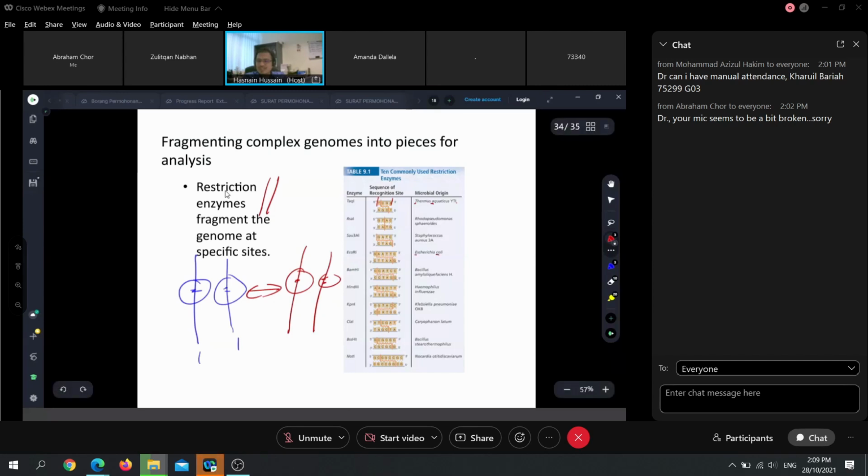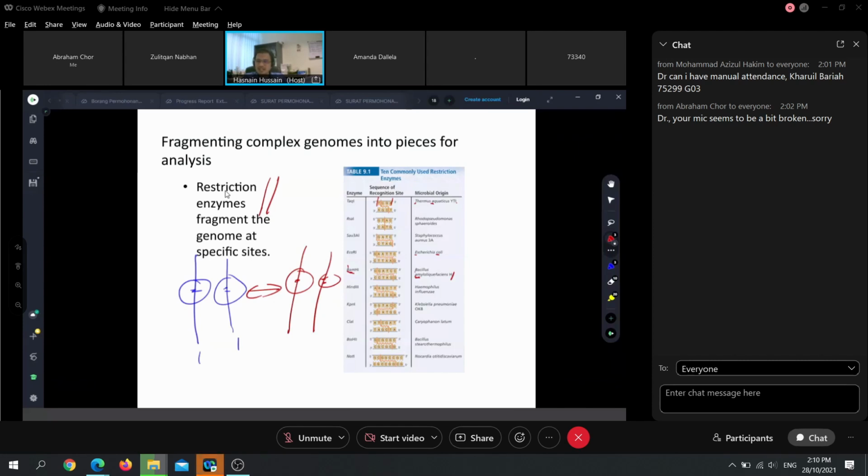Usually the nomenclature of the enzyme is based on where it was originally isolated, like BamHI from Bacillus amyloliquefaciens. The first three letters indicate the genus and species. So all nomenclature will be like that.